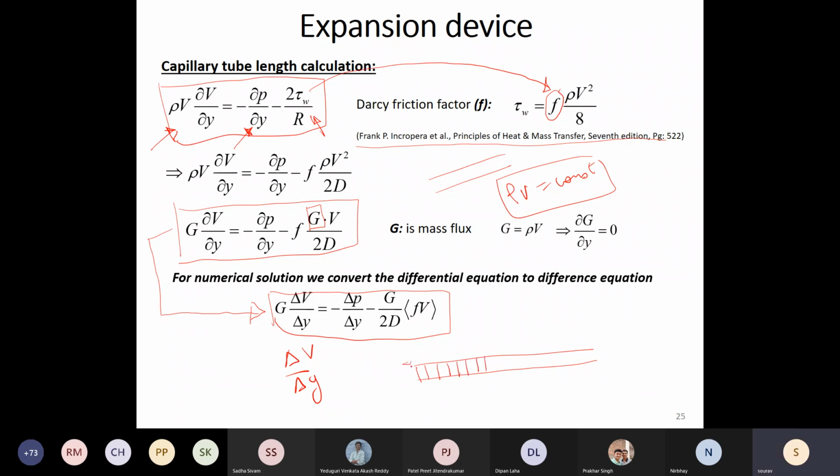That is the del y. And this del v over del y is, let's say at the inlet of the first node, the velocity is v1 and at the exit is v2. So this gives me v2 minus v1 divided by the length of this node. Okay, that is equal to minus the pressure gradient and this expression. This expression is nothing but the viscous term written in a different way.